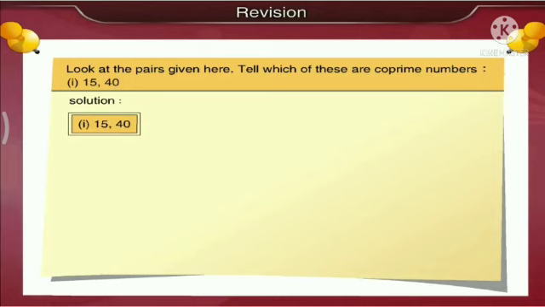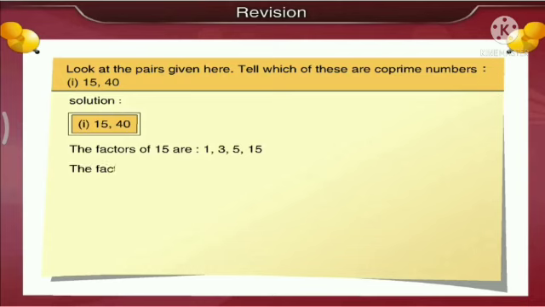First we will write down the factors of 15 and 40. The factors of 15: 15 is divisible by 1, 3, 5 and 15 itself.